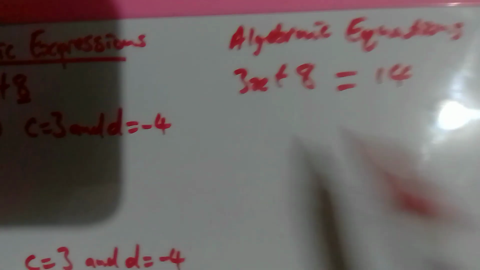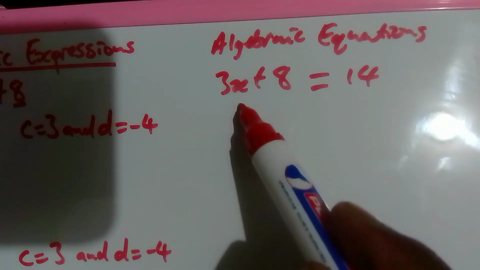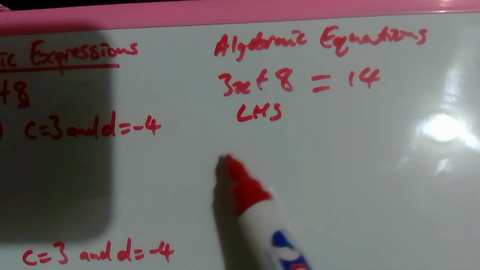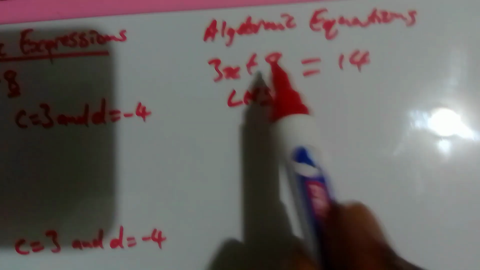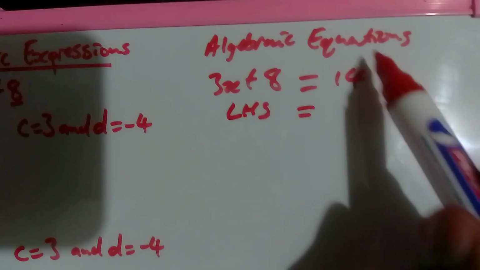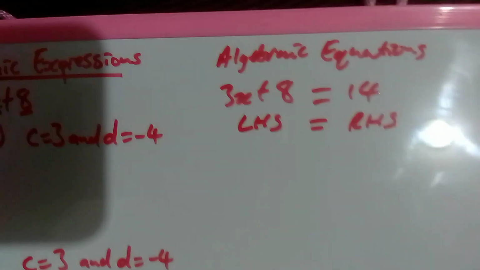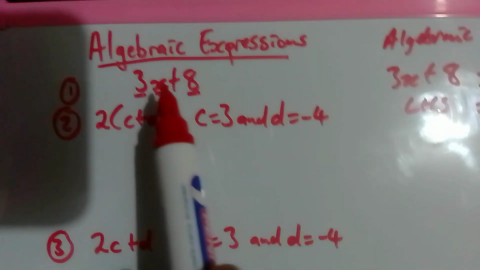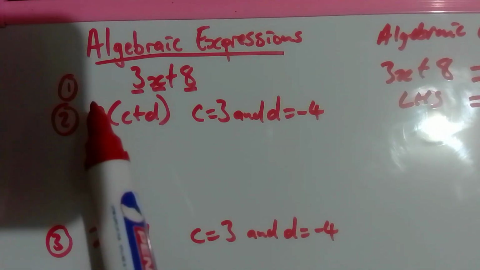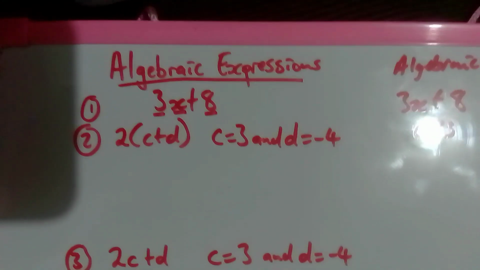So this has got a left-hand side where 3x plus 8 is, this is what we call the left-hand side. So this expression is on the left-hand side, and we're saying the expression on the left-hand side is equal to the expression which you find on the right-hand side. Whereas with an algebraic expression, you only have the expression, you don't have a left side or a right side, right? So I hope that is clear.